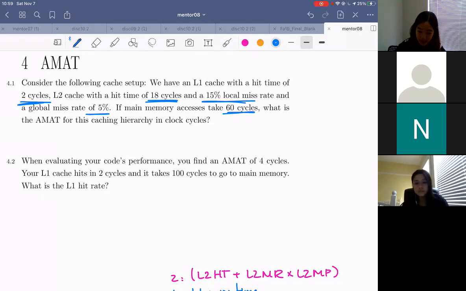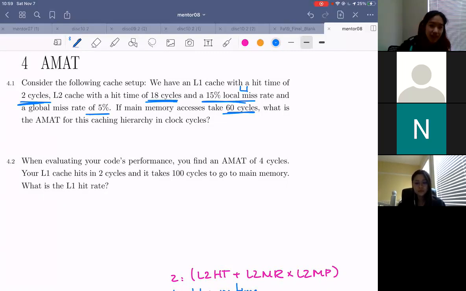So the way in which we want to calculate this is with regards to L1. The reason is because with L2, any misses that you'll have will wind up going to main memory anyway.